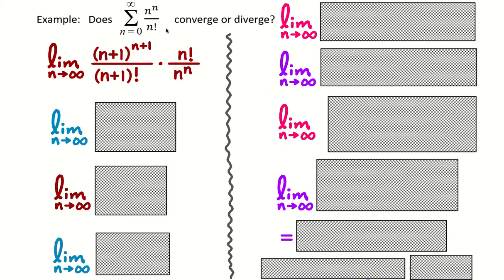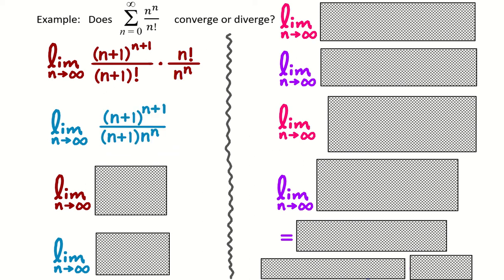So instead of dividing by this fraction, I already sort of wrote it as multiplying by the reciprocal, okay? So we know there's going to be some canceling with the factorials. So n plus 1 factorial and n factorial, they just reduce to n plus 1 on the bottom.